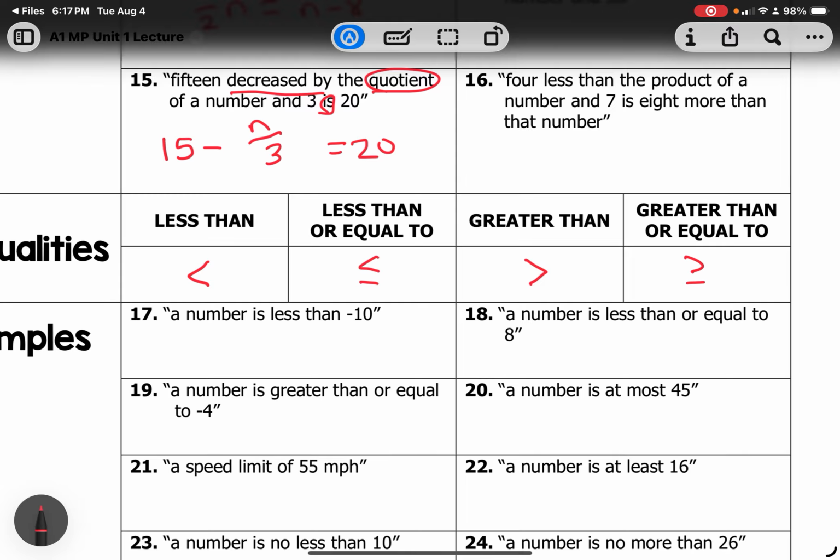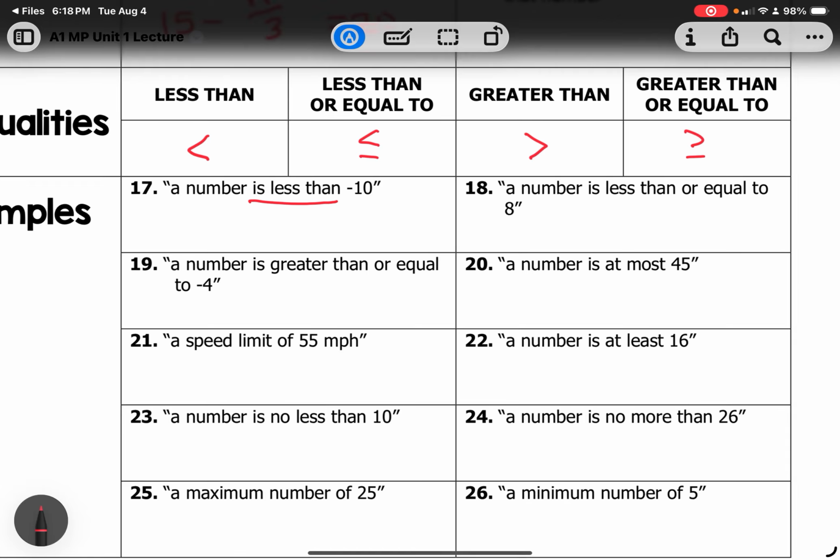A number is less than negative 10. So our number is n, is less than is just our less than symbol, and we have negative 10. Number 18, a number is less than or equal to 8.